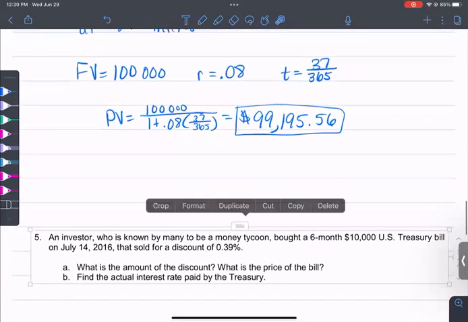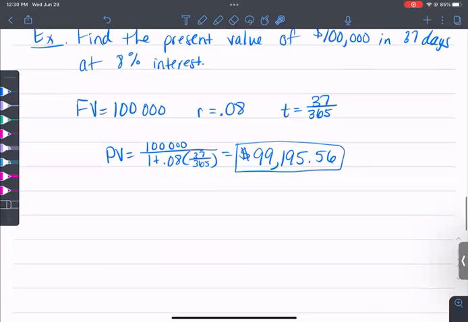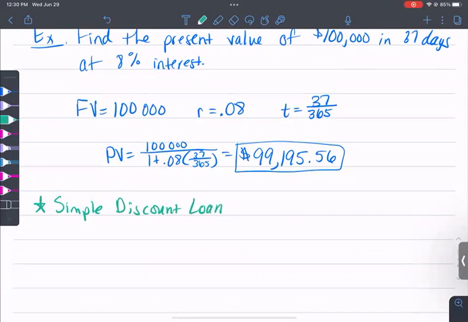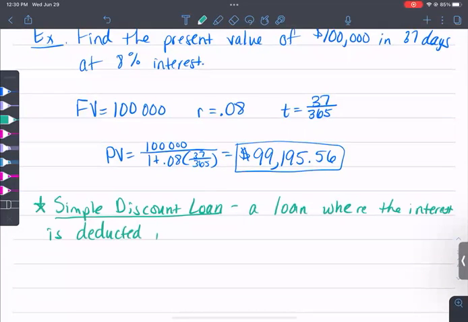Okay, you'll see two types of loans referred to with these problems. First is a simple discount loan. This is a loan where the interest is deducted in advance from the amount of the loan.